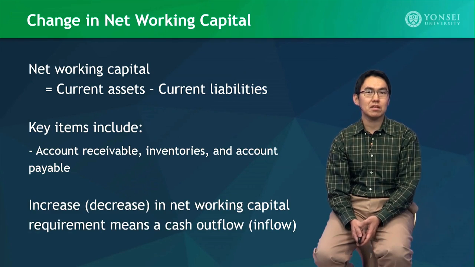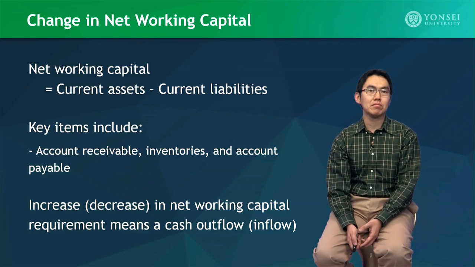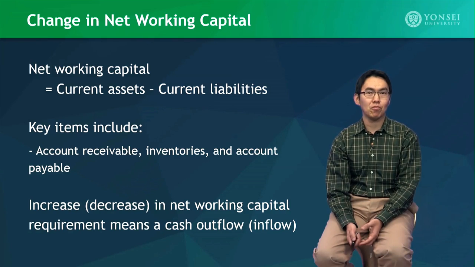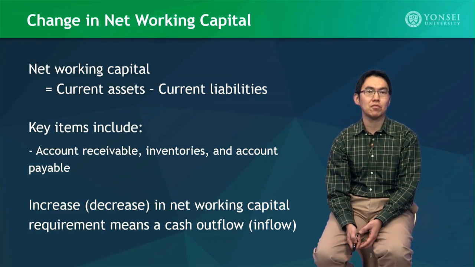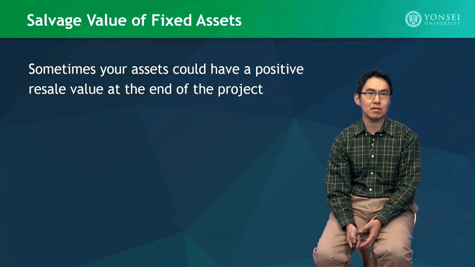An increase in net working capital means a cash outflow, and a decrease in net working capital means a cash inflow. Why? Because net working capital committed to the project cannot be used elsewhere and would represent a cash outflow from the firm's perspective.